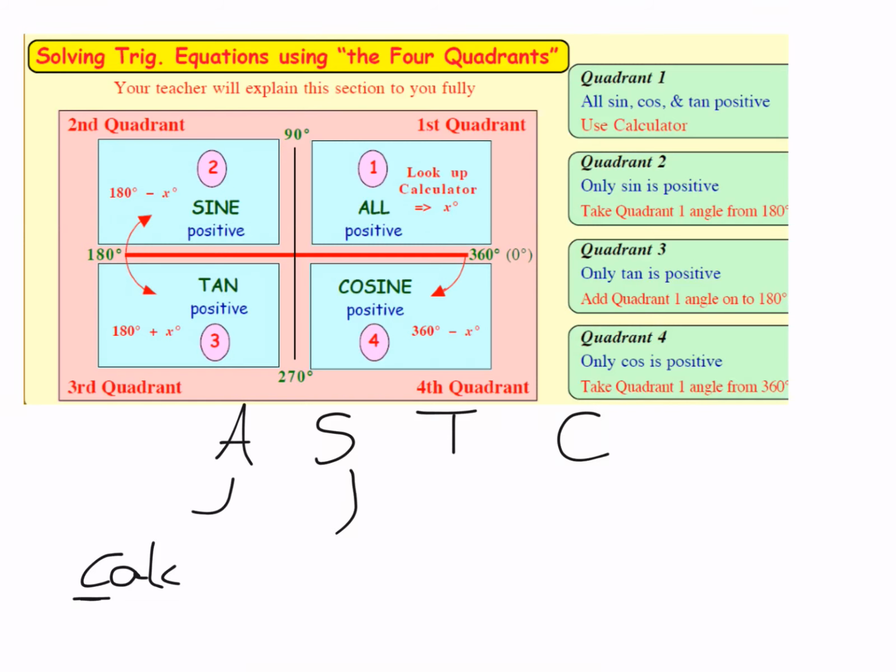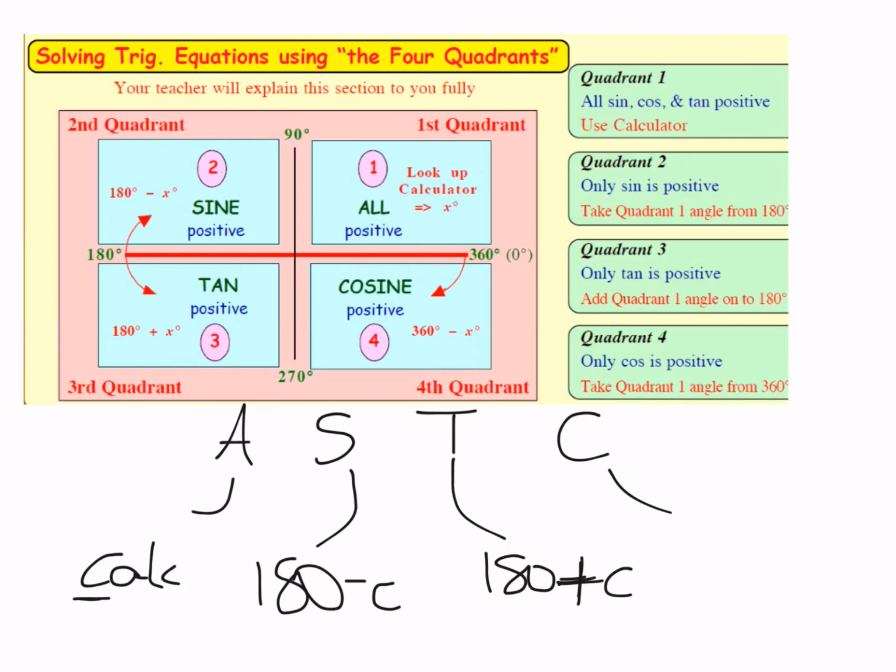If you're looking for a second quadrant answer, you do 180, and hopefully this should sound familiar, take away the calculator answer. If you're looking for a third quadrant solution, you do 180 plus the calculator answer.